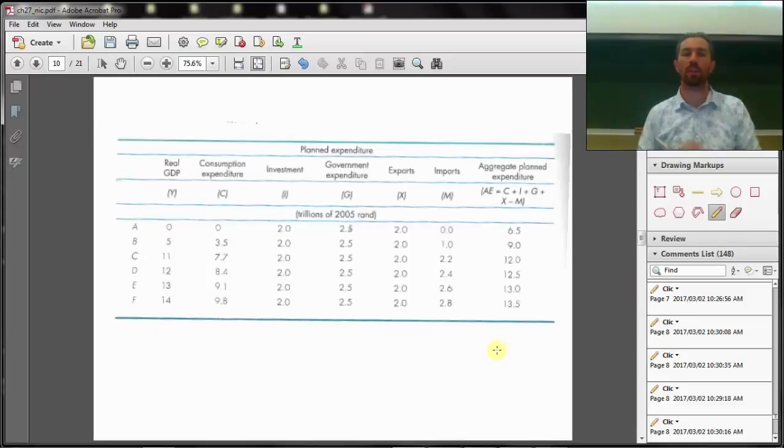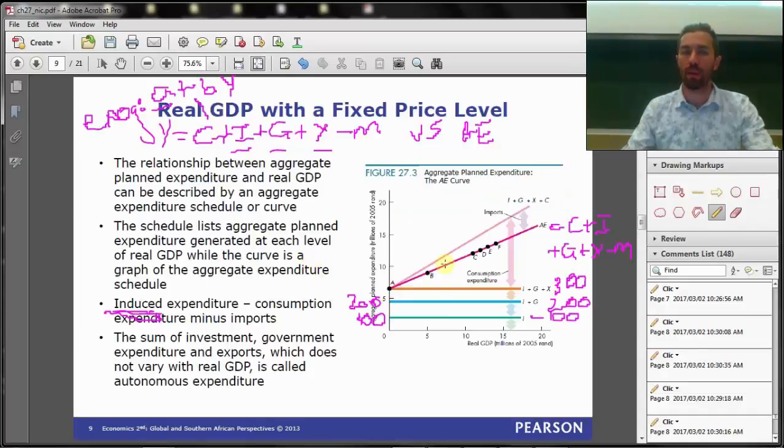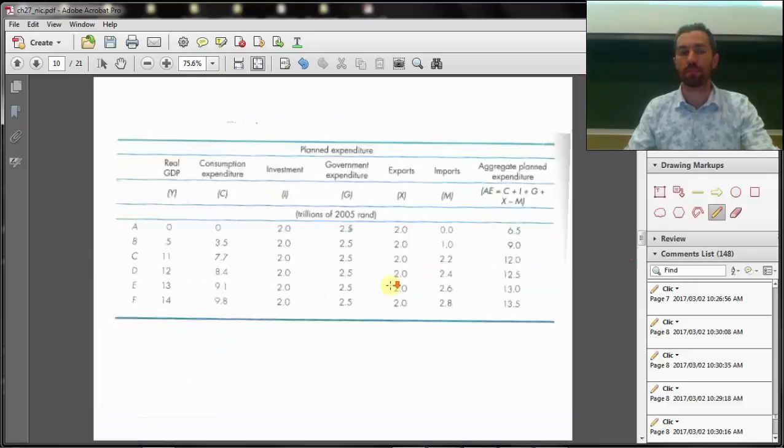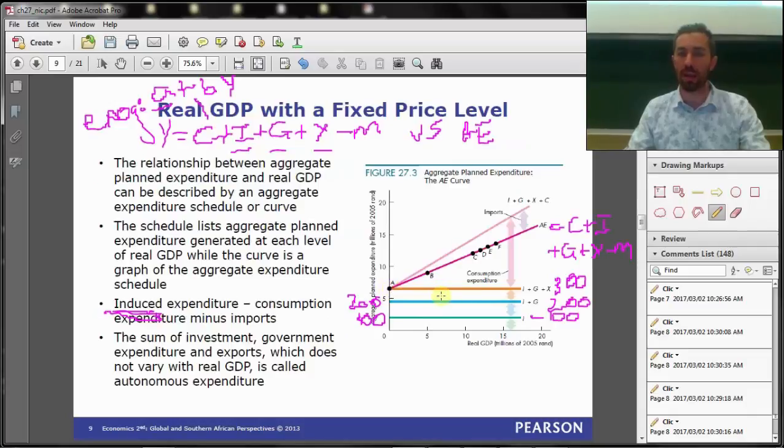Okay, so this was the schedule that your textbook shows you, but it's not in the slides for some reason, so I just photocopied it. If we're plotting real GDP against all our different variables, and then ultimately against aggregate planned expenditure, at point A, our consumption expenditure, given that point A is the intercept of this pink line, which happens to also intersect with this orange line.